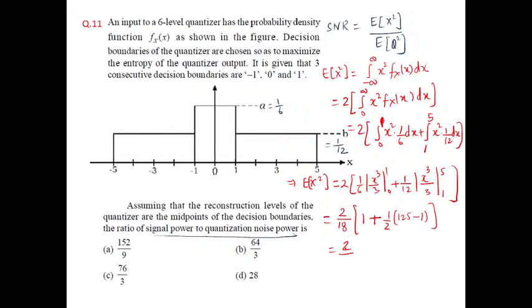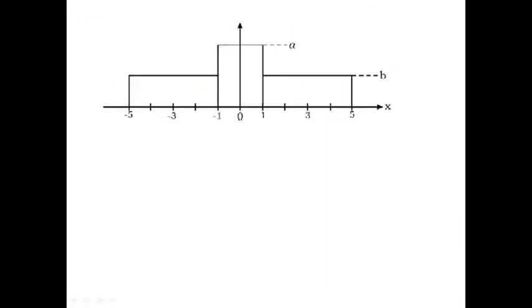So this is simply equal to 2 upon 18, which is 1 upon 9, times 1 plus 124 divided by 2, which is 62. So 63 by 9, this is 7. So we can note it down: E[X square] is equal to 7.